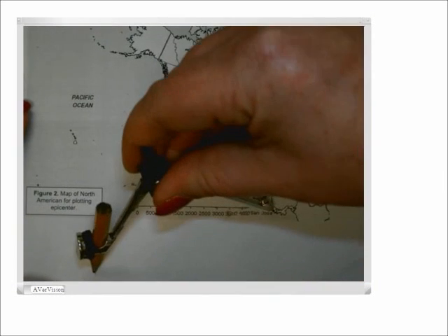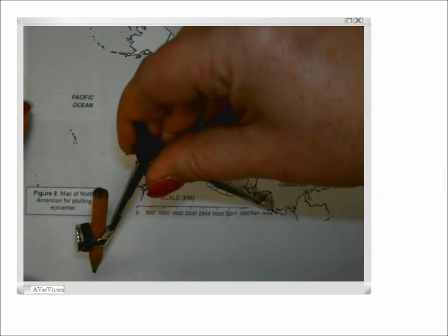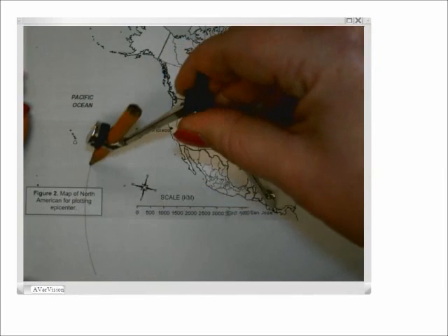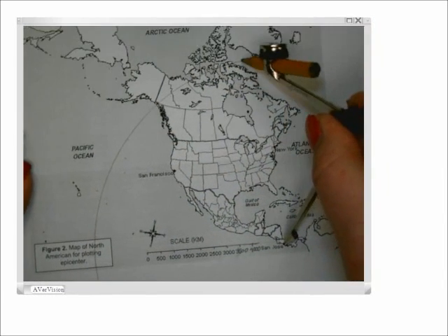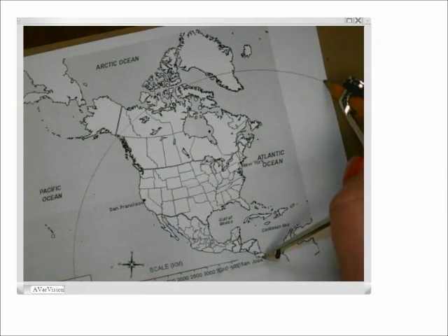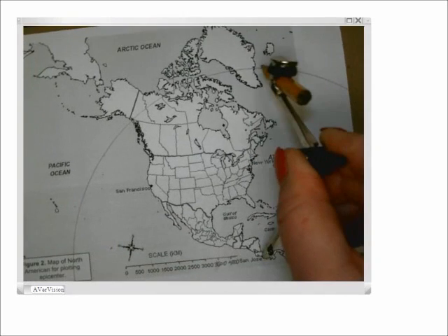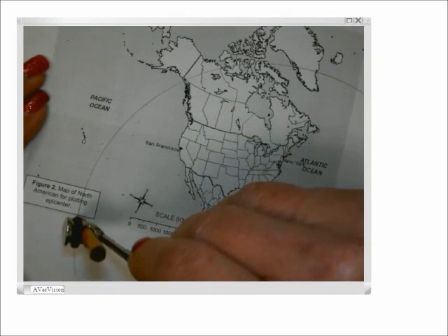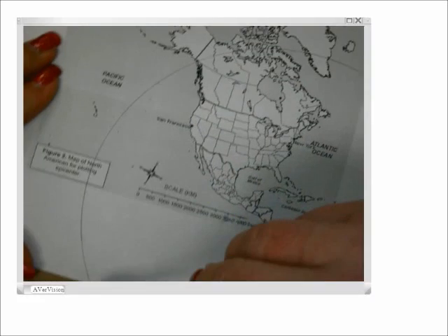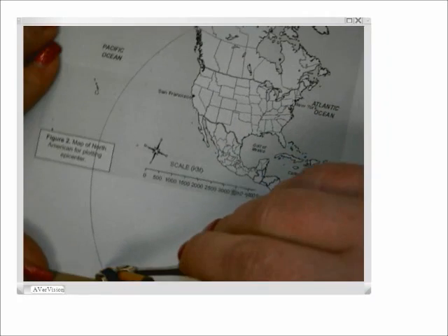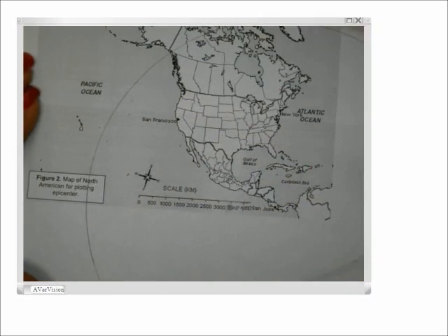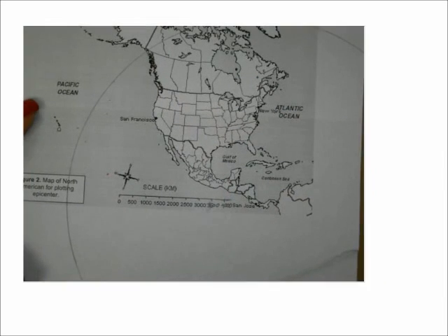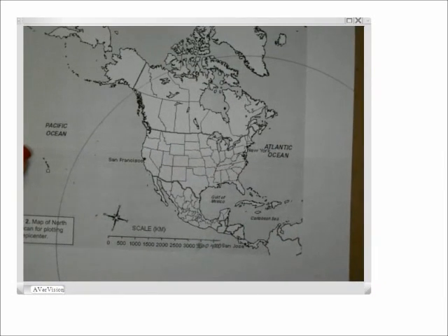And it helps to angle your compass as you draw your circle. You can see this circle is going to go way beyond the paper, so we just need to keep it on the paper like so, down to the bottom. We don't need to make this one as large as necessary or a complete circle. It only needs to be on the map.